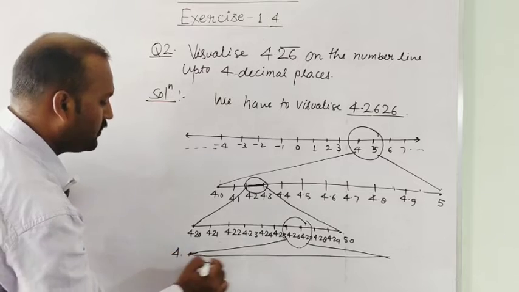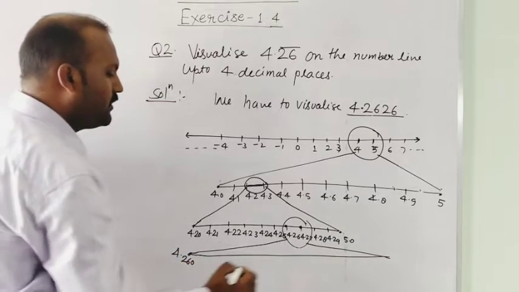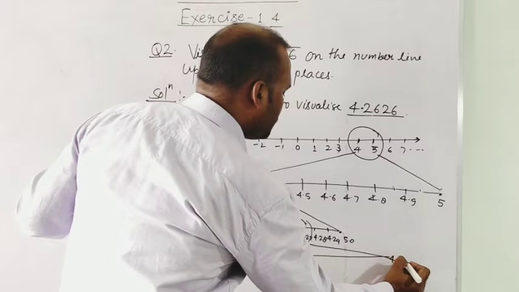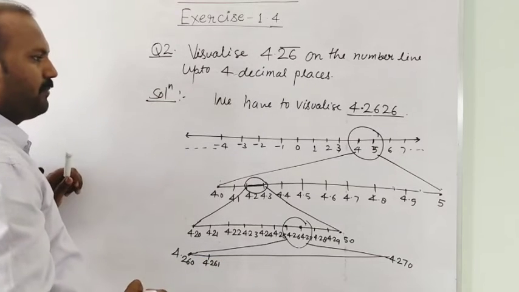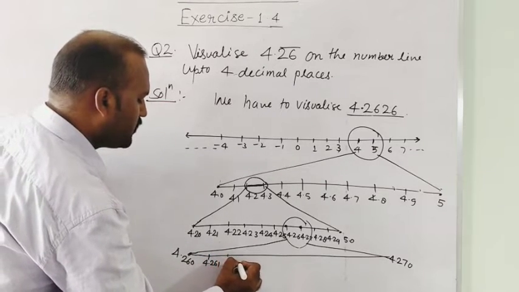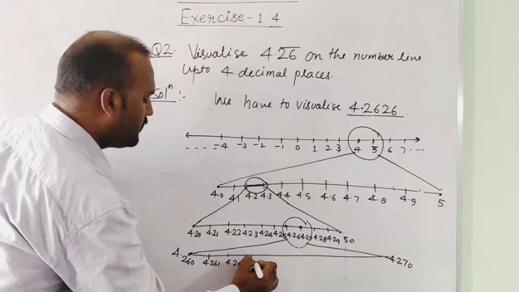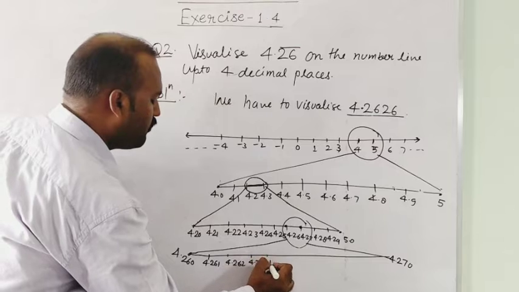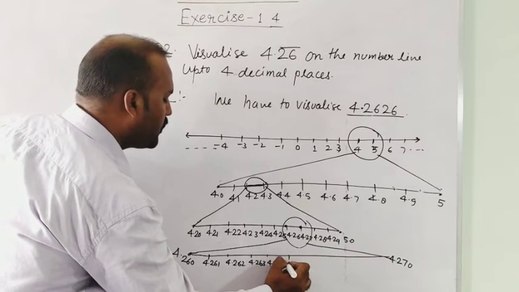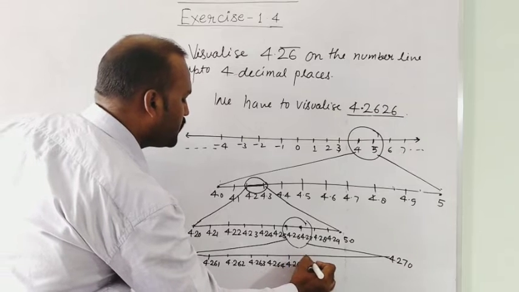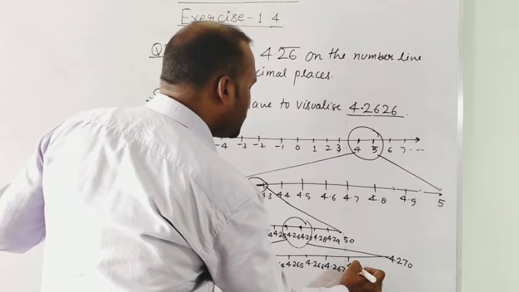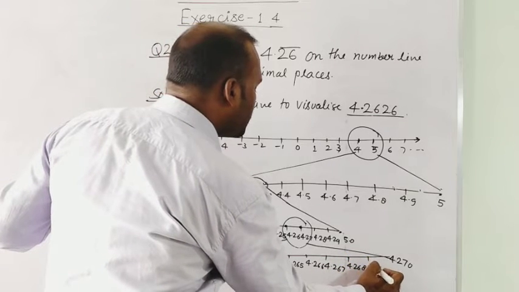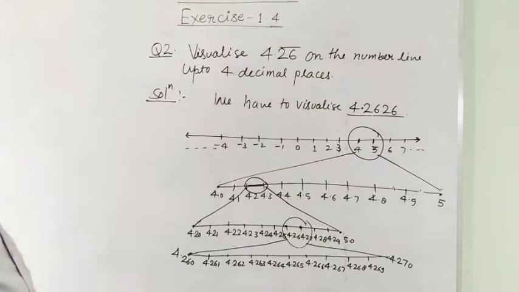First number is 4.260, and the last is 4.270. Divide: 4.261, 4.262, 4.263, 4.264, 4.265, 4.266, 4.267, 4.268, 4.269, and the last is 4.270.